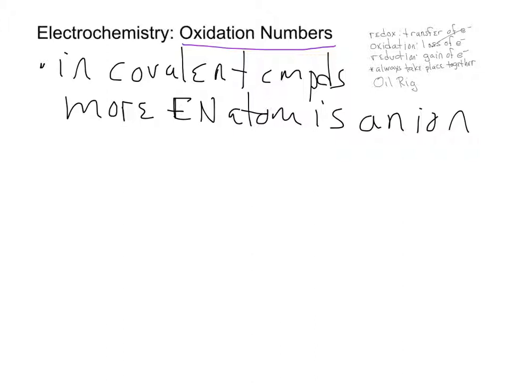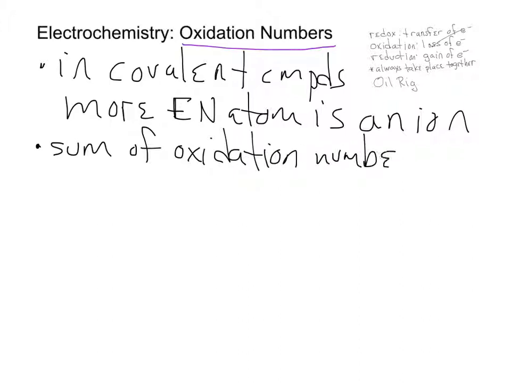So some guiding principles for assigning oxidation numbers. The sum of the oxidation numbers is going to equal the total charge on the molecule or ion.